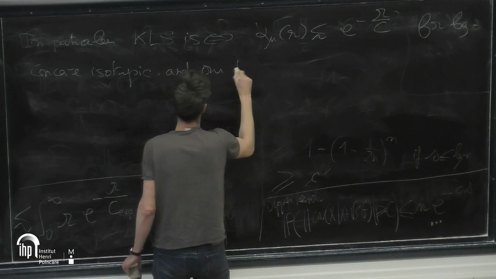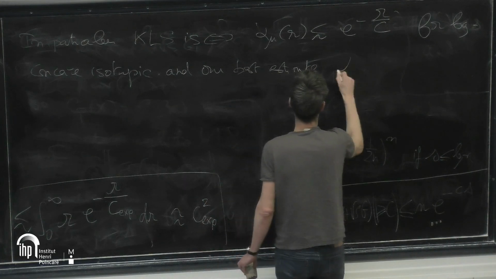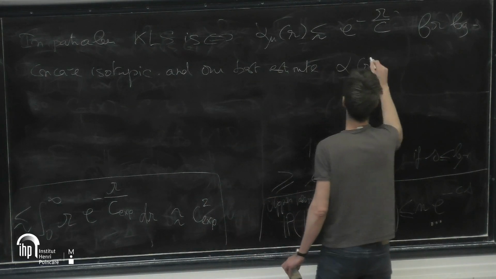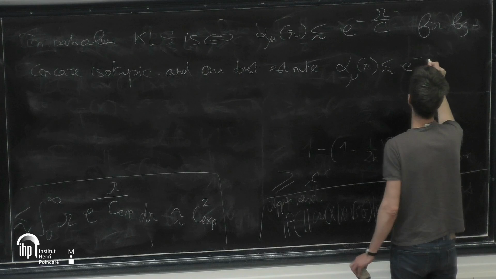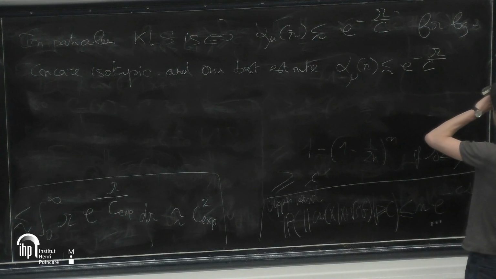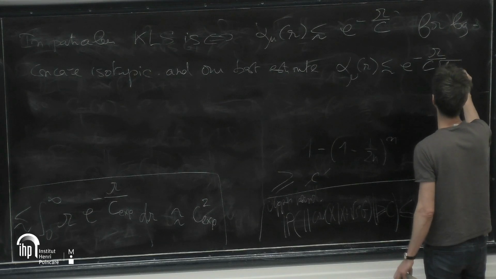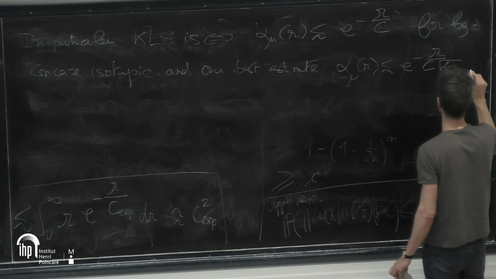And our best estimate for KLS gives alpha mu of r less than exp of minus r divided by C, square root of log n.